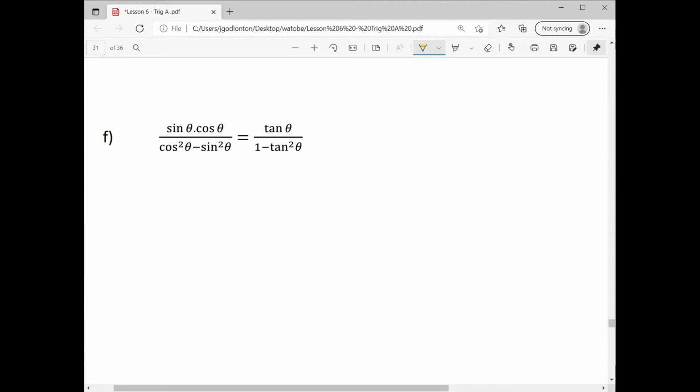I personally think you will find it easier to work with this one. And I'm giving you hints that you haven't asked for, you might also find it easier to work, instead of as a fraction, write it as a divide sign. So tan theta divided by 1 minus tan squared theta. I think that might help you.